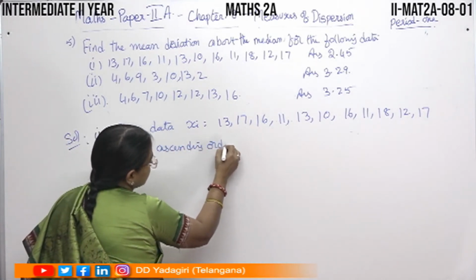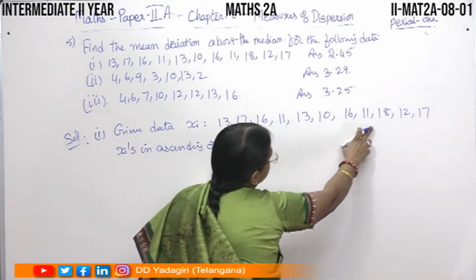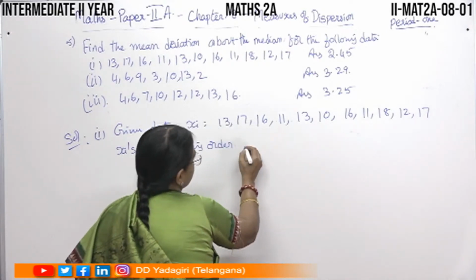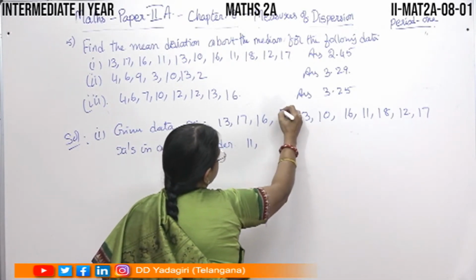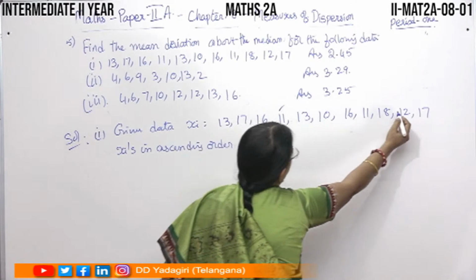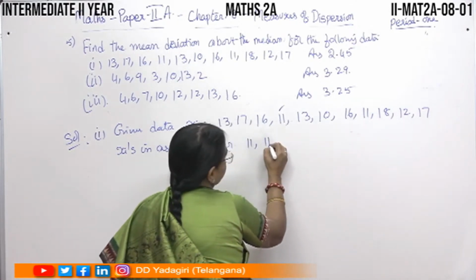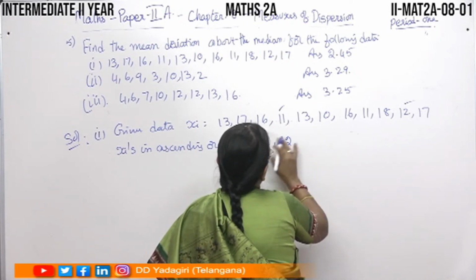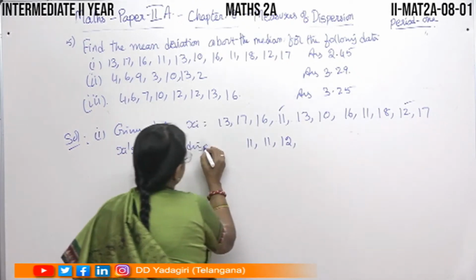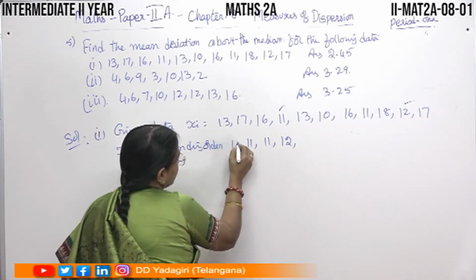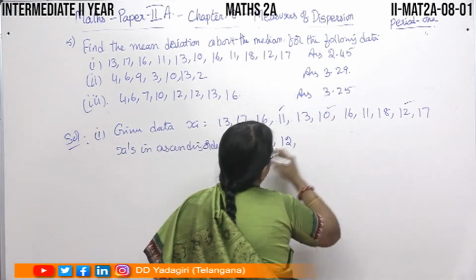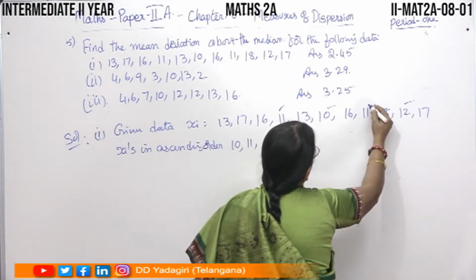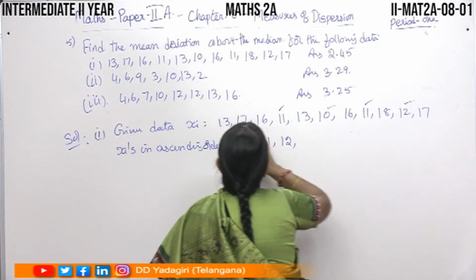So what is ascending order? The least one is 11. Next 12. Next, no, first you have 10, then 11 two times, and then 12.